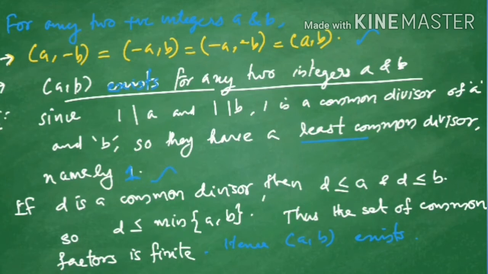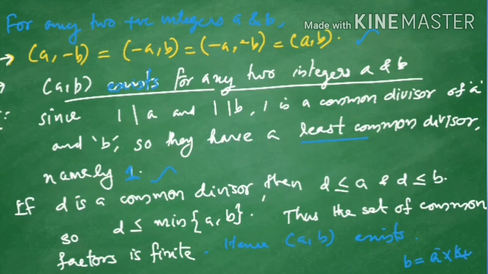Now if D is any common divisor, then D must be less than or equal to A and D must be less than or equal to B. Why? A is a divisor of B means B is equal to A times some positive integer, say K1.